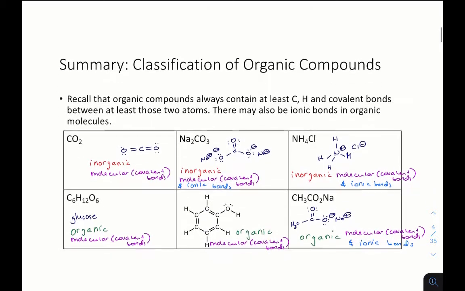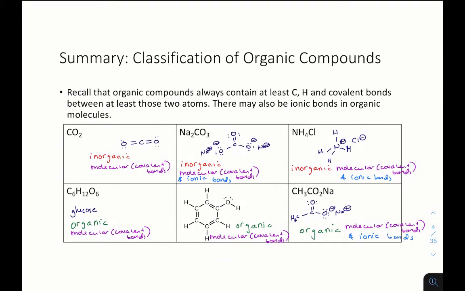Well, as we discussed in the last lesson, no, inorganic compounds can contain covalent bonds, such as carbon dioxide containing those covalent C=O bonds. Inorganic compounds can also contain ionic bonds.